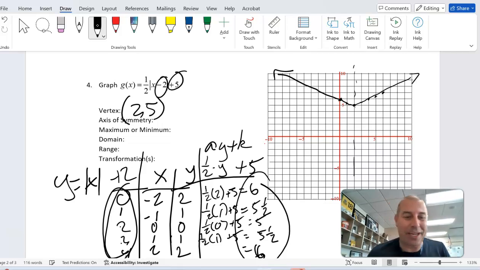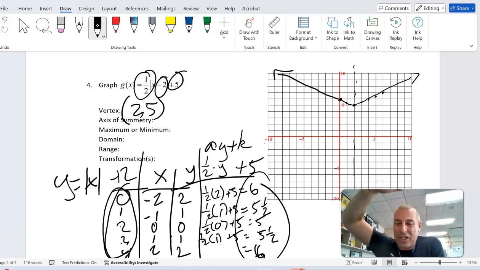But I'm also seeing it in my graph as well. Let's look at other things that are going on here. It got compressed because of this 1/2. So now you're actually seeing the compression because, again, we did get smaller. We went from a 1, the absolute value of x is at a 1, and we went to a 1/2. So it got smaller, so it looks like it got squished down.